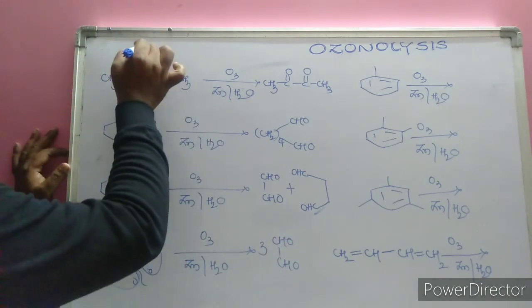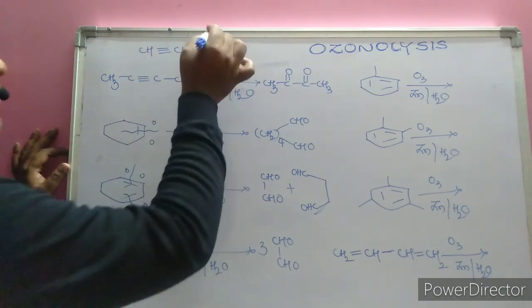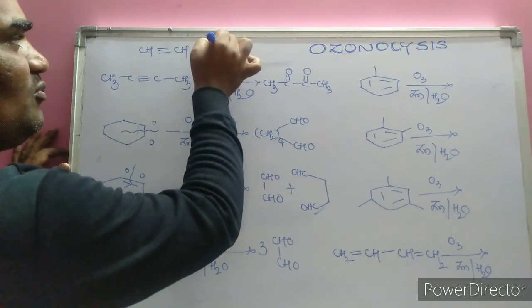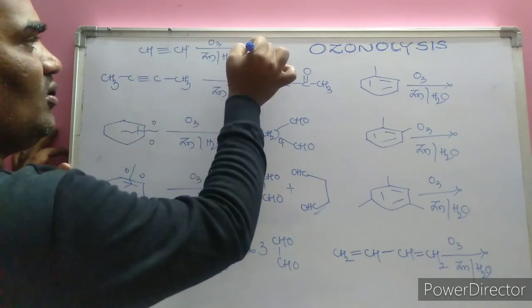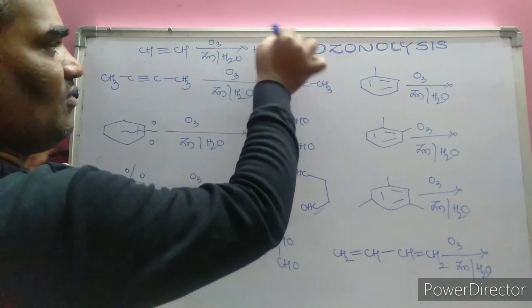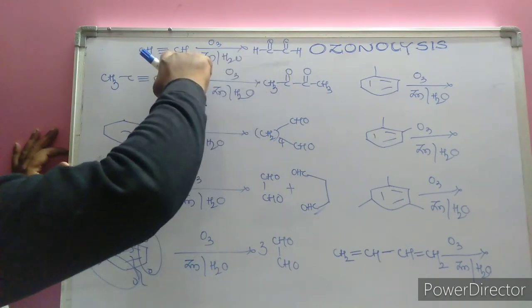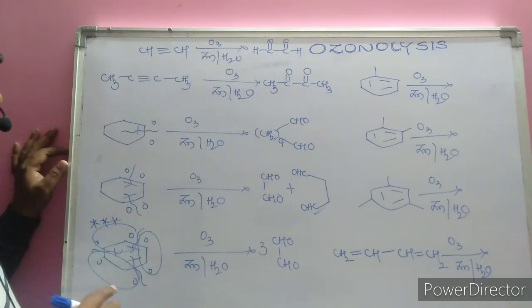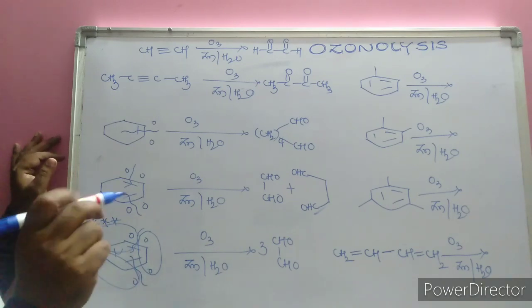If acetylene is given, CH triple bond CH, observe the difference between them, which also undergoes the same ozonolysis followed by hydrolysis. Here the double bond is broken, HC double bond O and H, what we call glyoxal. Only 1 mole of glyoxal is obtained when acetylene undergoes ozonolysis or reductive ozonolysis. But benzene on ozonolysis gives 3 moles of glyoxal.